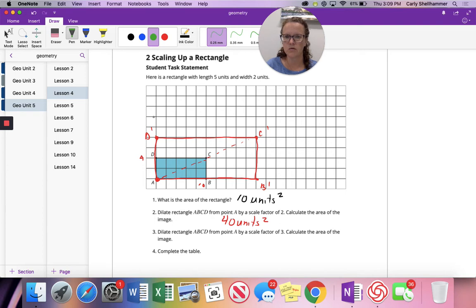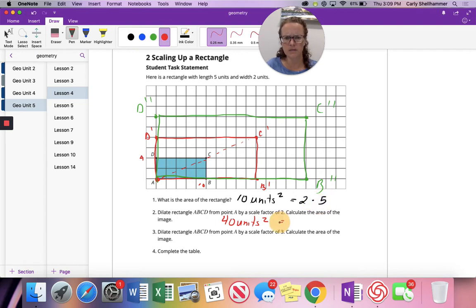Now dilate the original rectangle from point A by a scale factor of 3. So 1, 2, 3, 4, 5. So we went from the original one. So D double prime, C double prime, B double prime. And the area of this would be length times width, right?